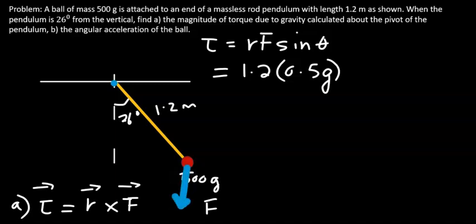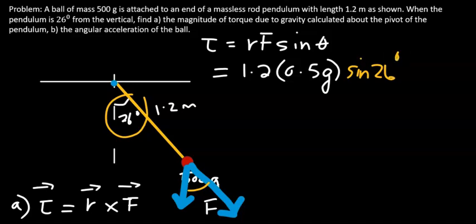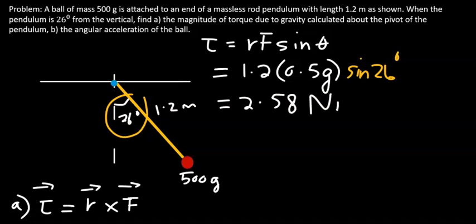Force is vertically downward, moment arm is going like that, so the angle is this angle right there, which is the same as that angle, 26 degrees. So times sine 26 degrees, and that will give you the torque, which is 2.58 Newton meter. So that is part A.